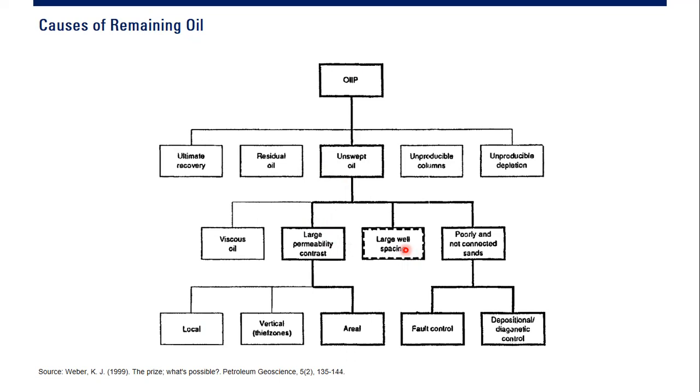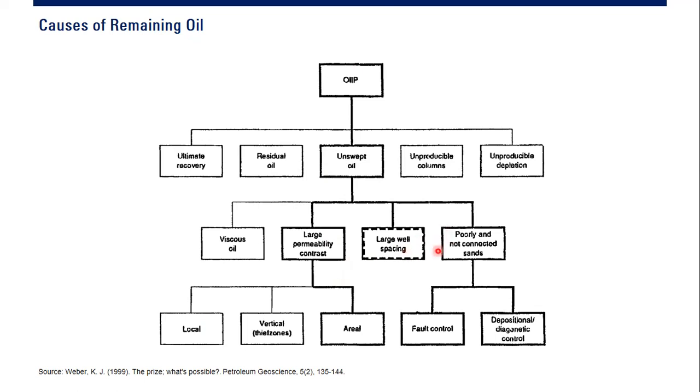Because of course, we have many points of drainage, points of drawdown, okay? So if you have large well spacing, the area between wells tends to contain unswept oil, okay? Because it lacks drainage from the closest wells.